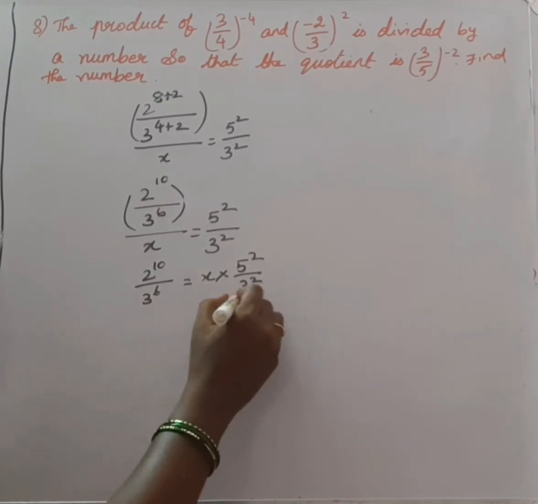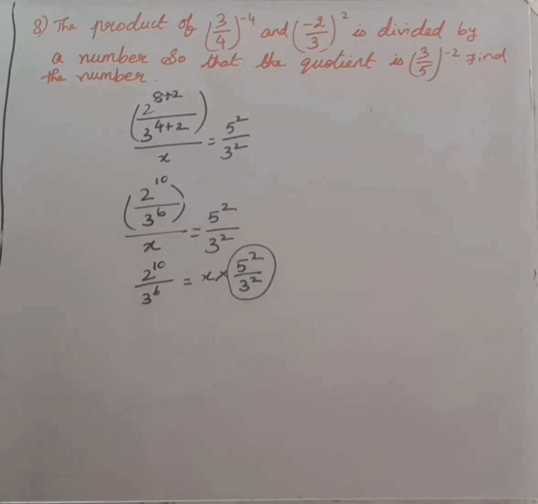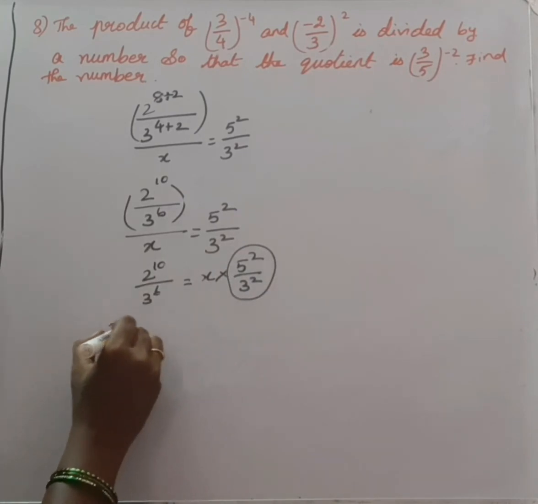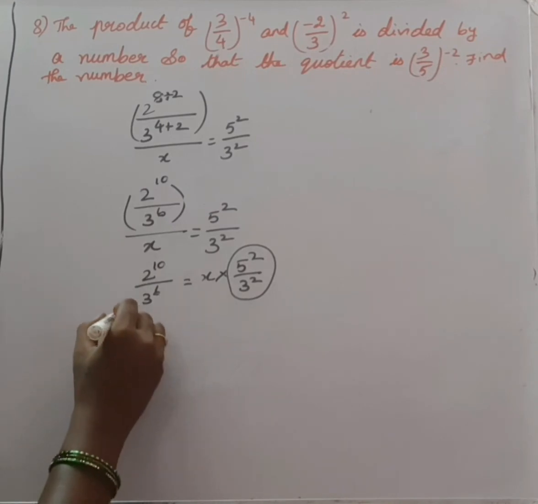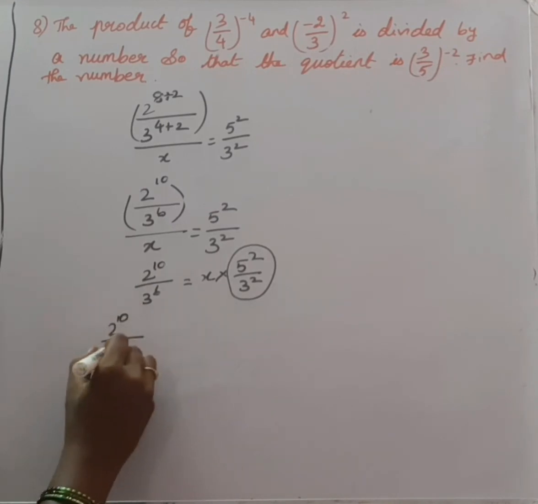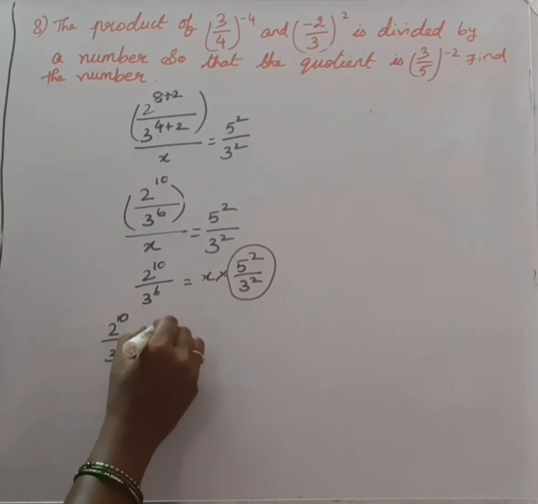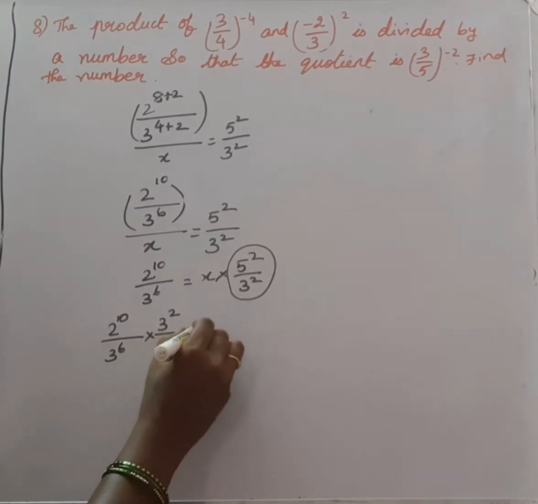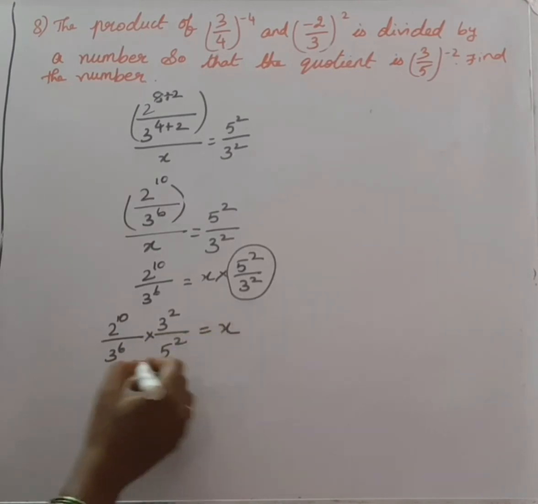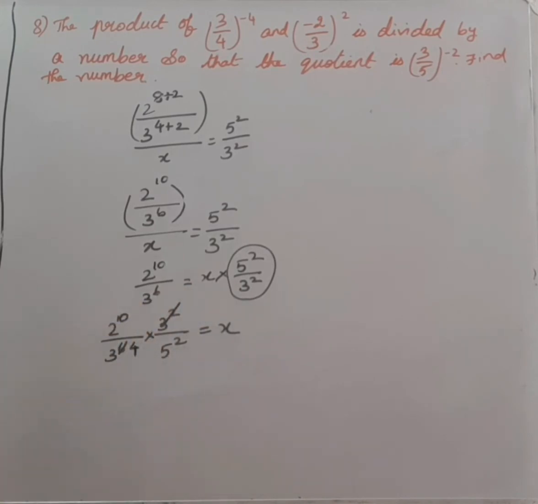Now take this fraction to the LHS. It becomes a reciprocal here. So 2 power 10 divided by 3 power 6, into 3 power 2 divided by 5 power 2, is equal to x. 3 power 2 is cancelled and 6 minus 2 is 4.